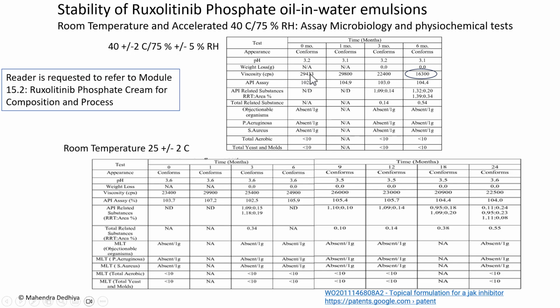There's a slight change in viscosity at 6 months at accelerated condition. Looking at room temperature data, there are no significant changes in viscosity. The product shows excellent stability from assay perspective, degradation perspective, pH, and there's no weight loss recorded. The product has a 2-year shelf life at room temperature storage conditions.